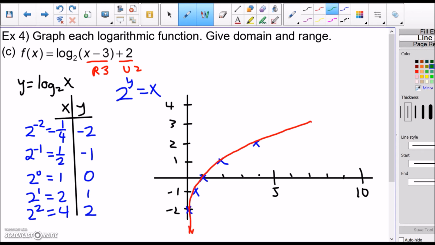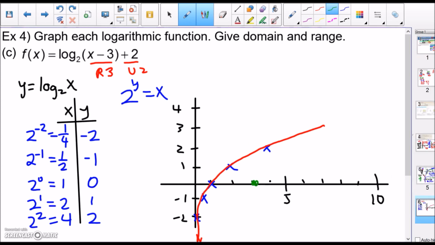And the shifting, we're going to go right, take each of those blue X's and go right 3 and up 2. So the first blue X, right 1, 2, 3, and up 2 is going to be about right there. The next X, we're going to go right 1, 2, 3, and up 1, 2.